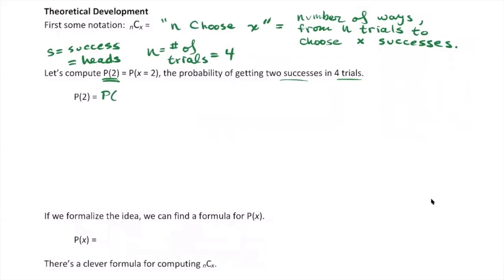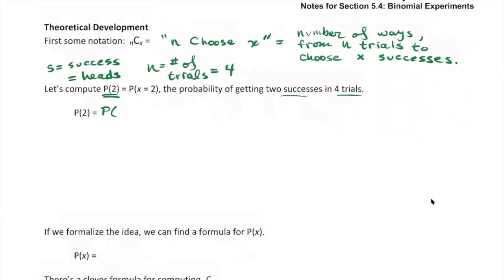Okay, the probability of getting 2 heads, I'm actually going to list all of the ways you can get 2 heads. So I'm going to call them successes and fails. To get 2 heads, you could get 2 successes and 2 fails. But that's not the only way to get 2 heads. There's 4 coins, and there's all kinds of different ways that this can come out.